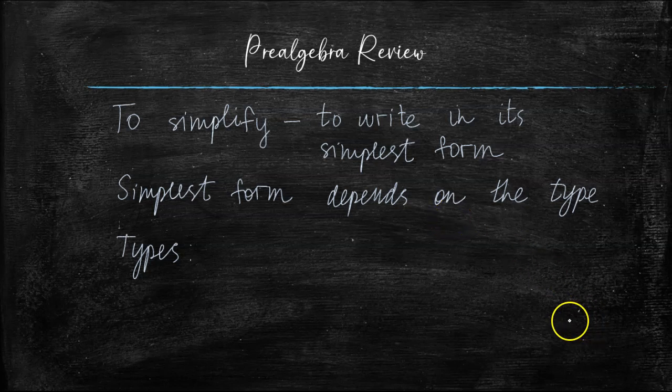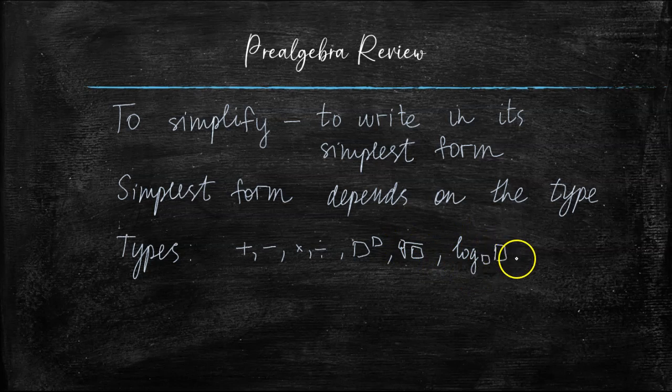The answer is there are 7 operations. If you don't remember those operations, here they are: addition, subtraction, multiplication, division, exponentiation, radical, logarithm, and absolute value.